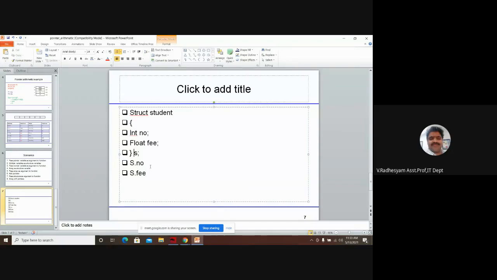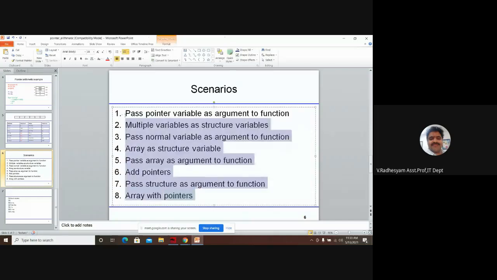If it is a pointer variable, dot can be replaced with arrow. Arrow operator. Arrow is also an operator. That is the difference. So these are the different scenarios that may cause confusion.